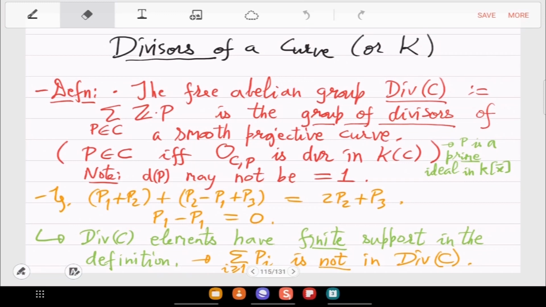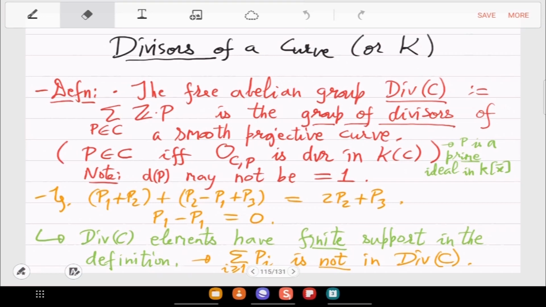In the polynomial ring, it's just a prime ideal that we are looking at. This prime ideal may not represent just a single point. It could be a single point in the algebraic closure, or it could be many points. When it's many points, we have seen examples where it's the conjugates that are clustered in a cloud.